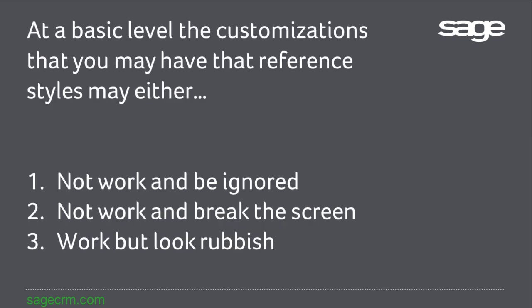At the basic level, the customizations that you may have that reference styles may either not work and be ignored, not work but break the screen, or work, however, they'll look rubbish.